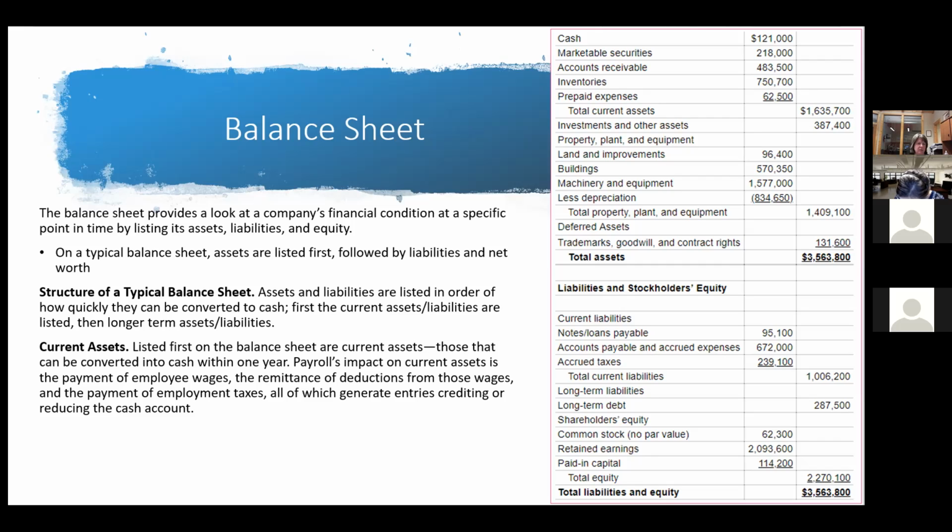Maybe they've got a 30-year loan on a building or something, this long-term debt for $285,000. Maybe that's a 30-year loan, but in order to do some ratios and some other things with financial statements, you would want to convert, say, 25,000 for the current year into a current liability.